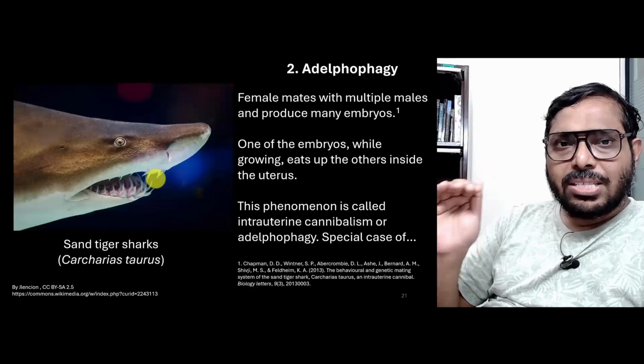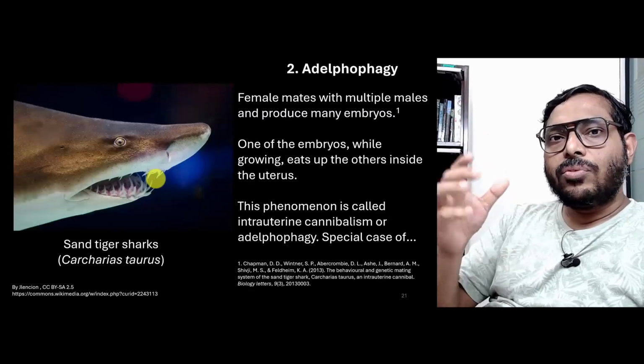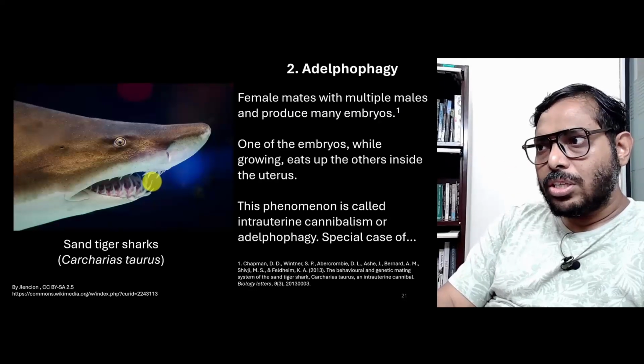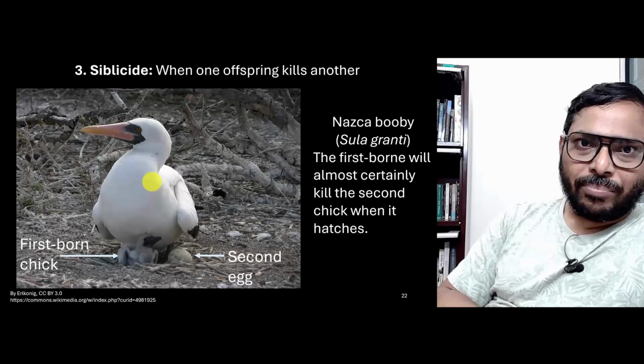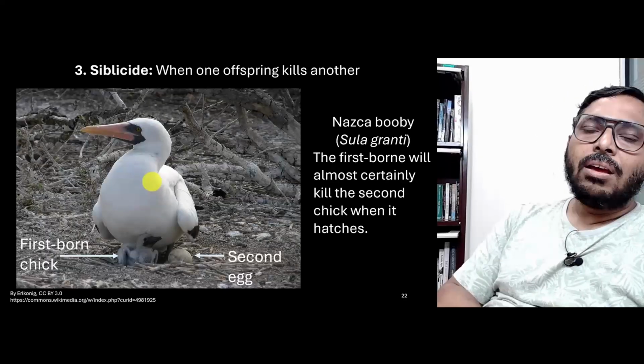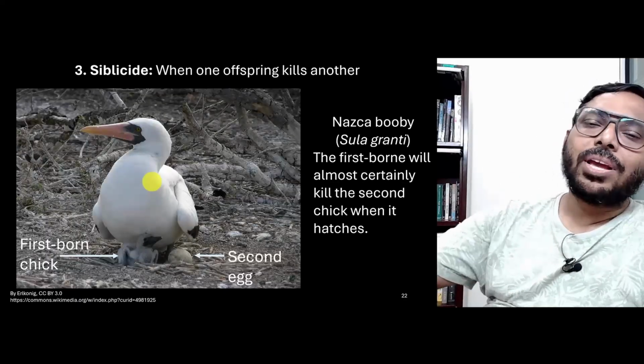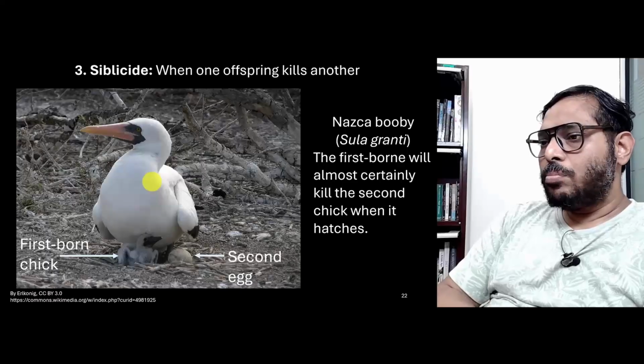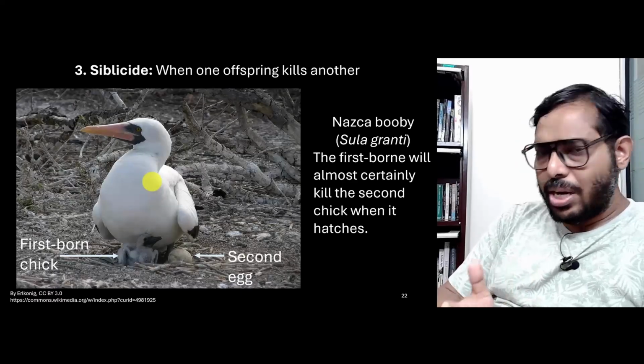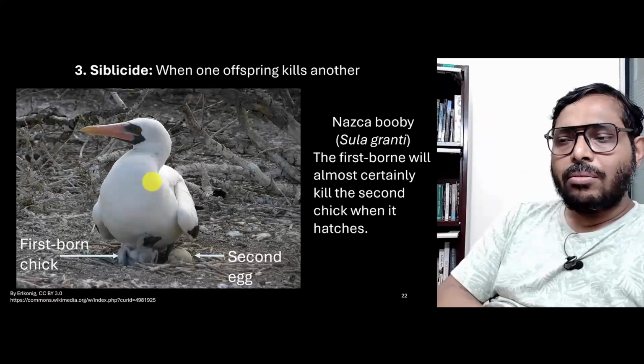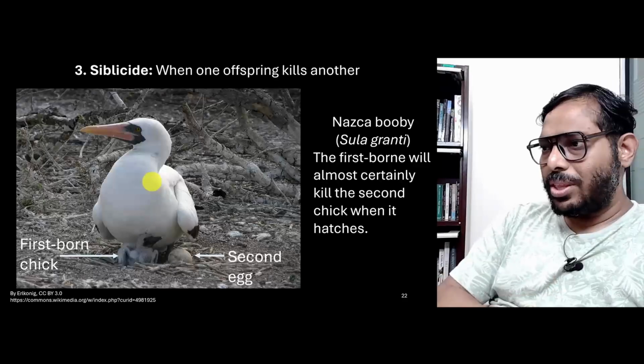Now, this is a very special case of a generic phenomenon known as siblicide, and siblicide simply is when one offspring ends up killing another. So, again, pretty well known. I am showing you one example, and I will show you one more in the next slide.